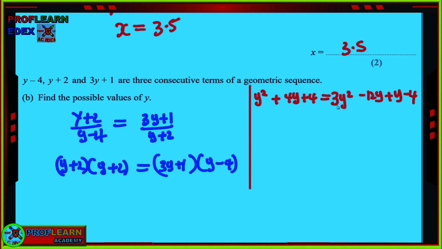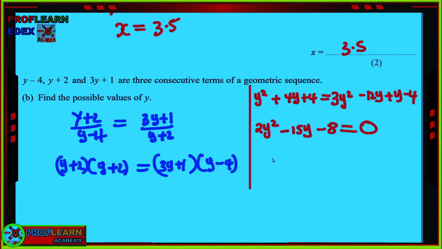Then if we take this on the other side, 3y squared minus y squared will be 2y squared. We take this on the other side, we get minus 15y. We take this on the other side, we have minus 8 equals 0.